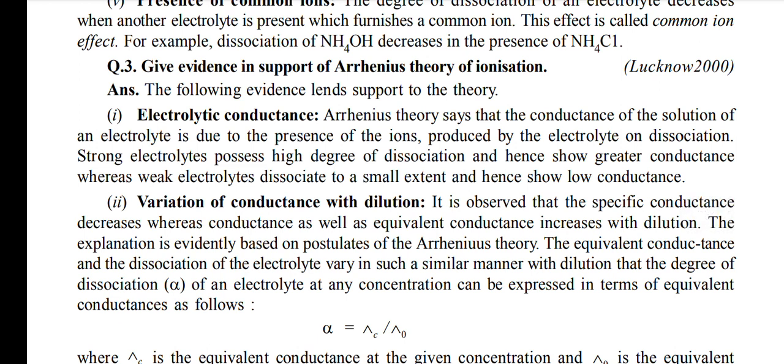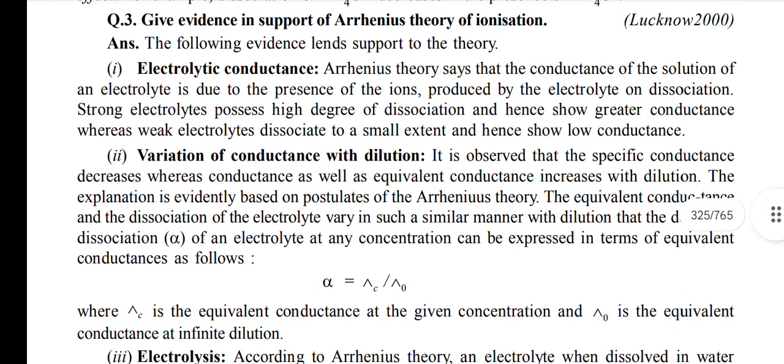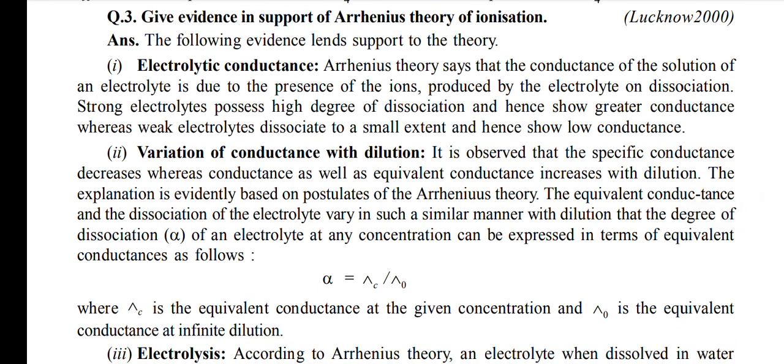The following give evidence in support of Arrhenius theory of ionization. The following evidence lends support to the theory. Electrolytic conductance. Arrhenius theory says that the conductance of the solution of an electrolyte is due to the presence of the ions produced by an electrolyte on dissociation.